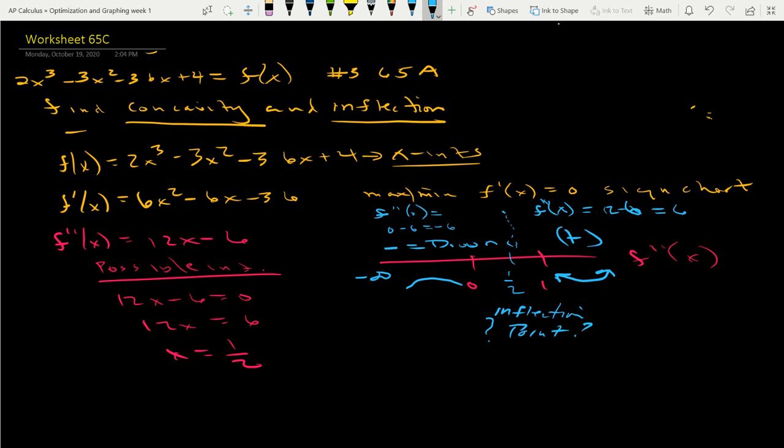So we've got up like a cup on the right side, and we got down like a frown on the left side. What this thing does somewhere right here is it goes from concave down to concave up. And right there at that point, which is x equals 1/2, I have an inflection point.